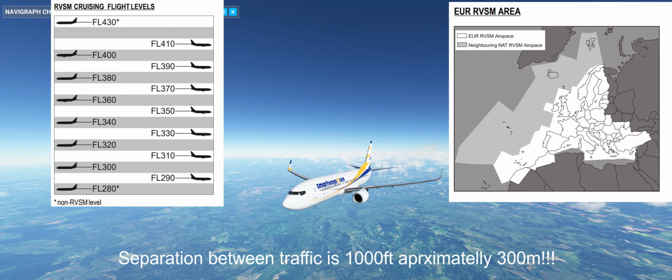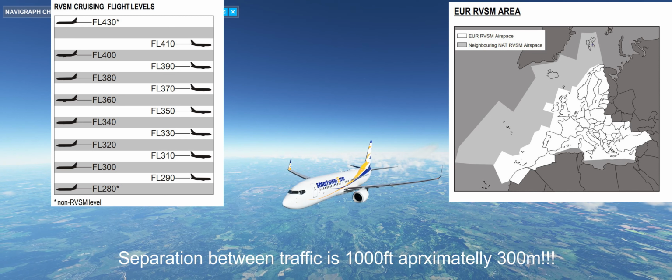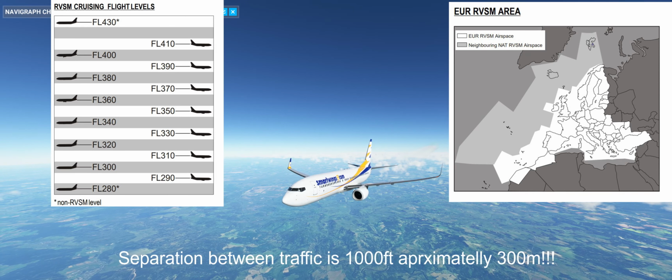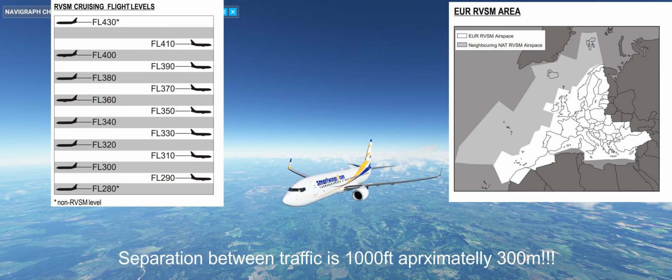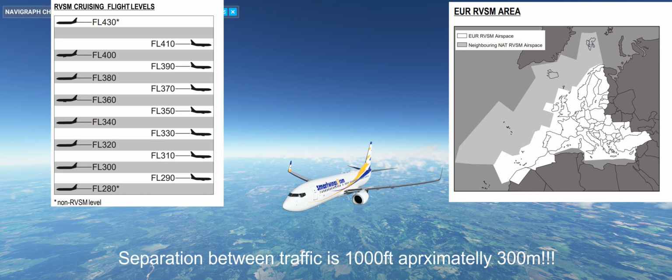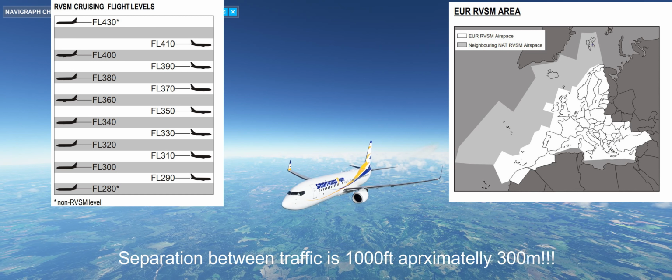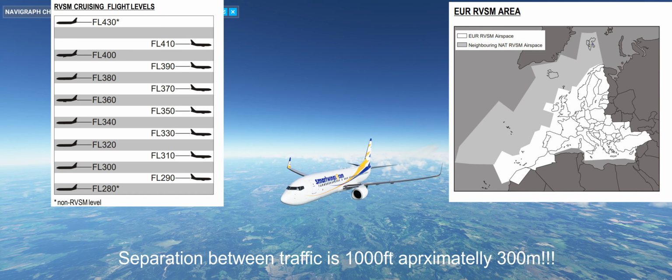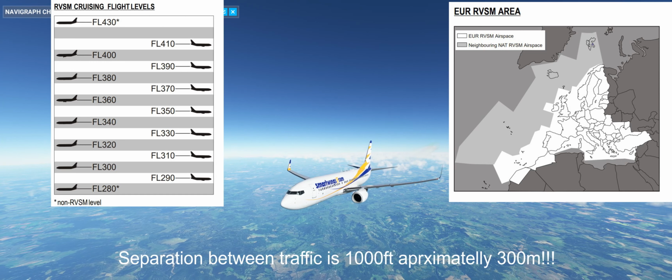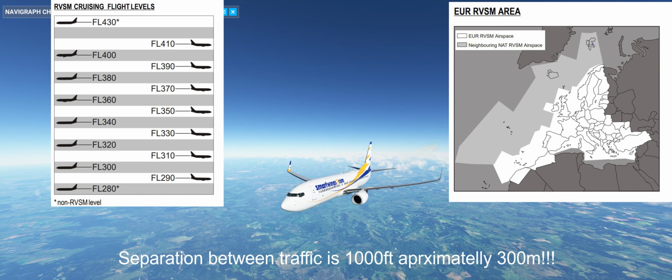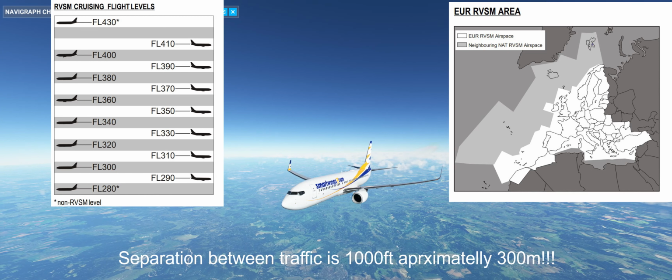vertical separation minima between inbound and outbound traffic, for example the traffic coming from the west to east, should have, for example, flight level 390, and traffic coming from the east to west should have flight level 380.